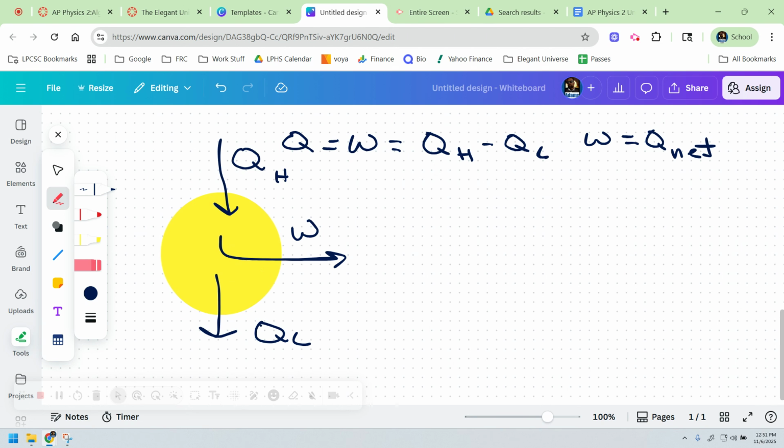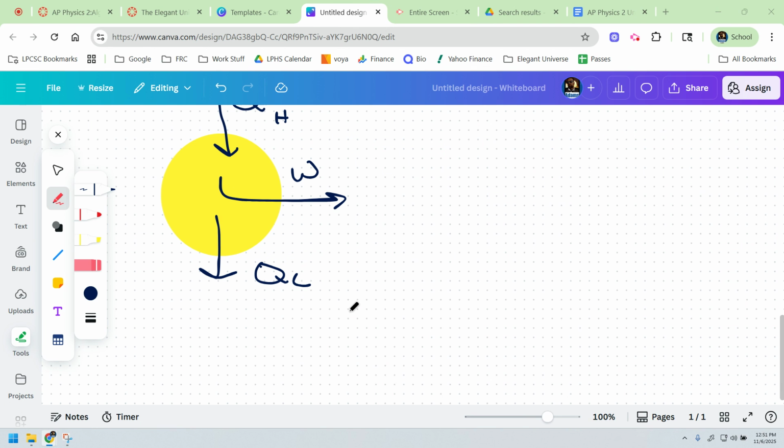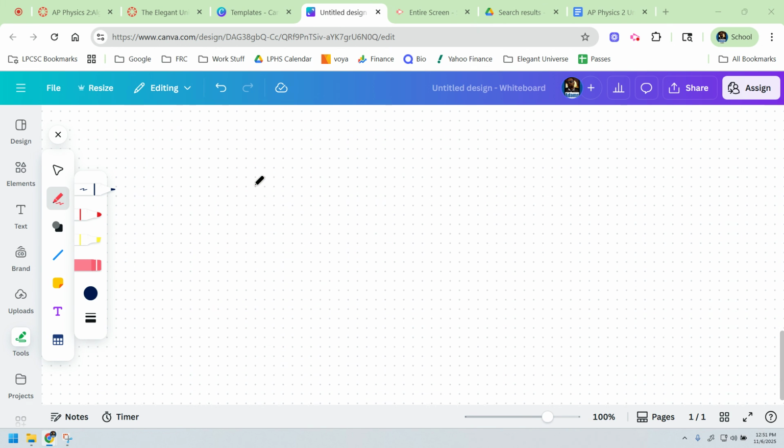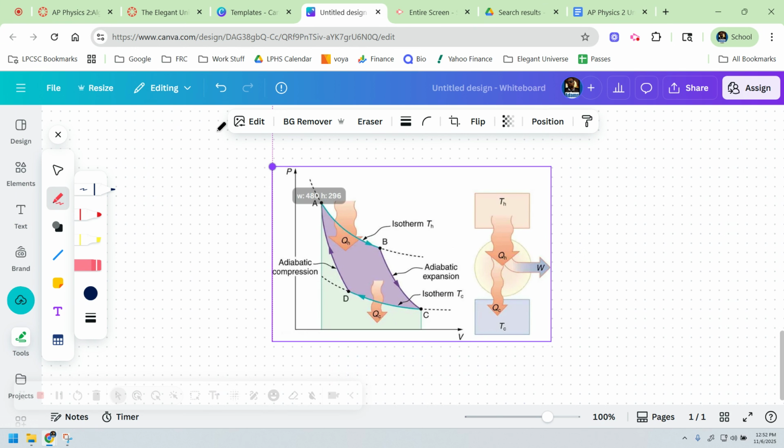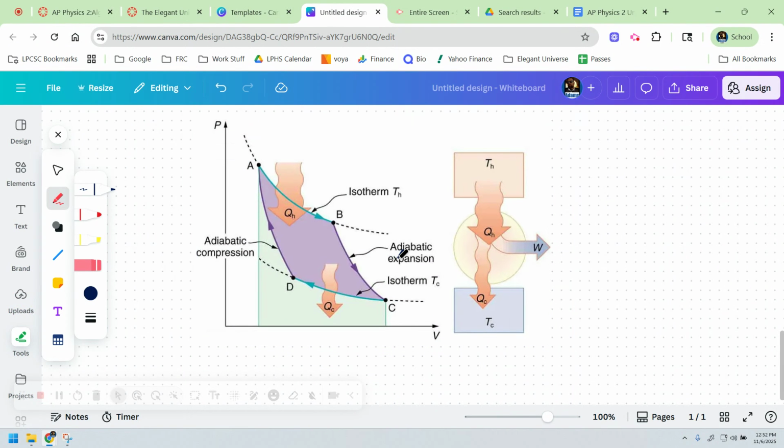So I'm going to put a figure up, and this is what we talked about last time, just a simple heat machine. Let me show you guys. This is what the PV chart for a Carnot cycle is, and it's very similar, but it's slightly different.